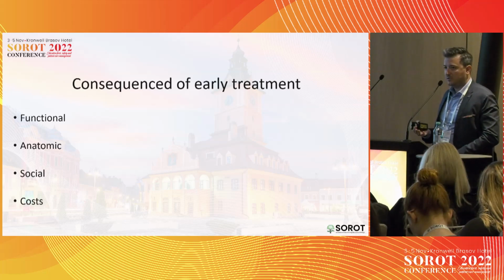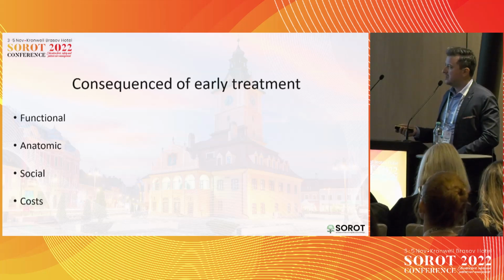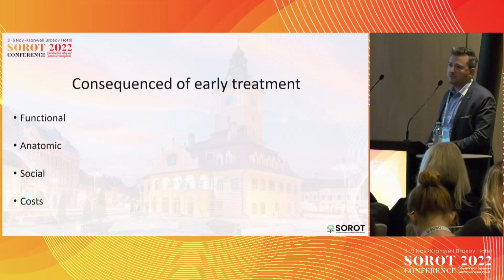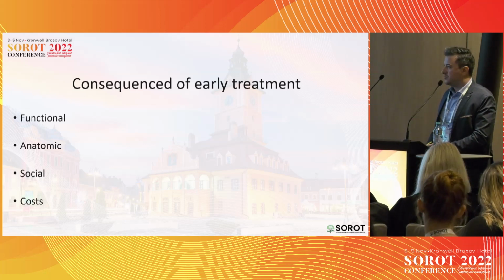And we compare it with the early treatment. What happens when you have an early treatment? The same principles. Functionally, they are better, and they don't have chronic instability. Not having chronic instability, they won't develop cartilage damage and meniscal damage. And socially, they will be a lot better because they get back into sports a lot better.